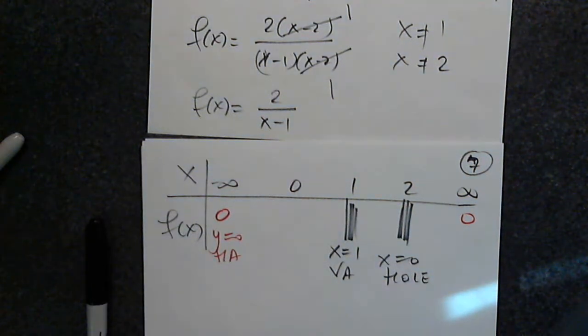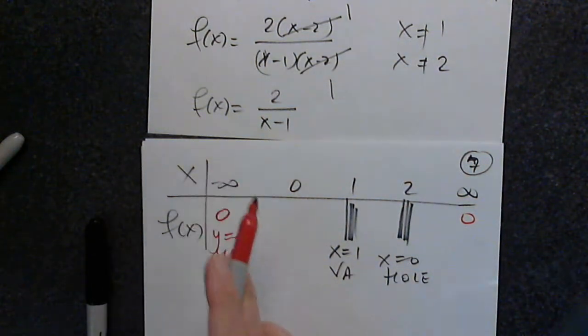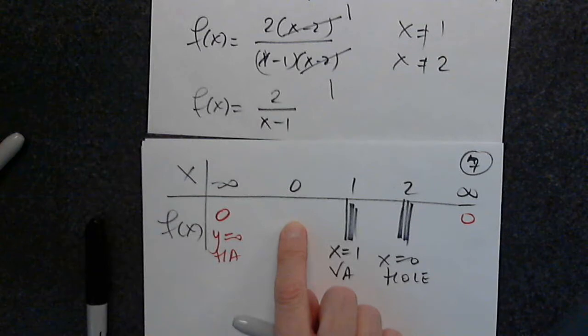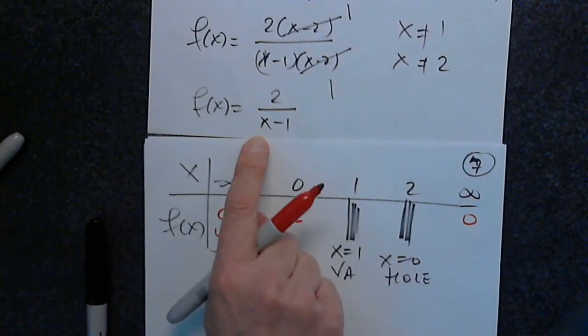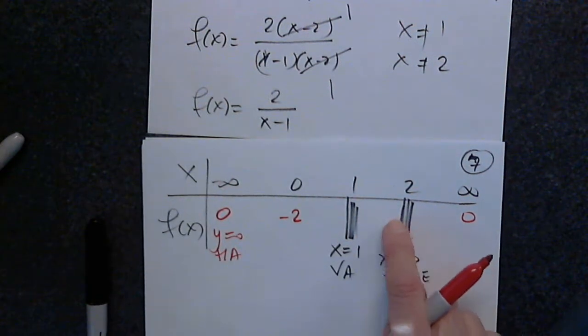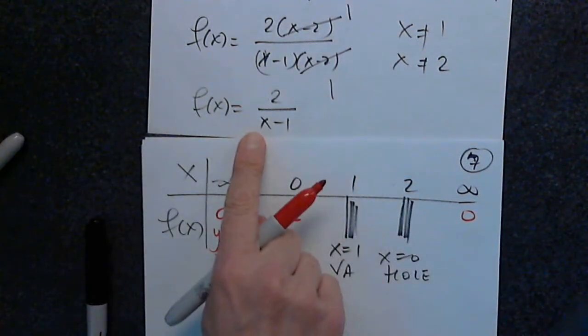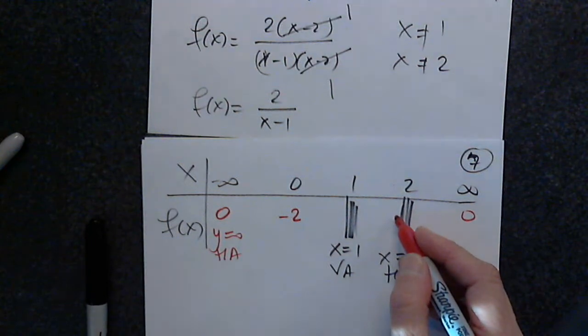Perfect. When I plug in 0 for x, what do I get? Negative 2. Very good. When I plug in 2 in this form, what do I get? 2.